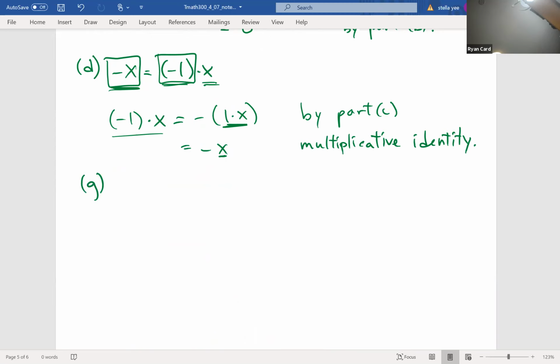I wanted to show that if x times y is equal to 0, then either x equals 0 or y is equal to 0. Okay, so here, if I want to prove this, I think I want to do it in cases.